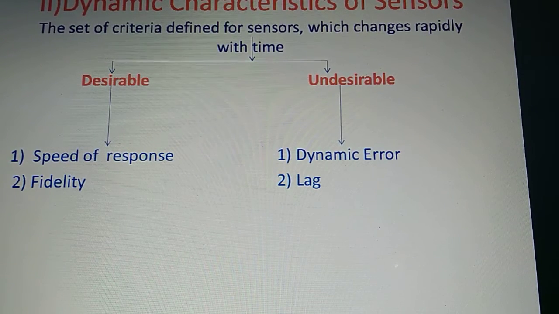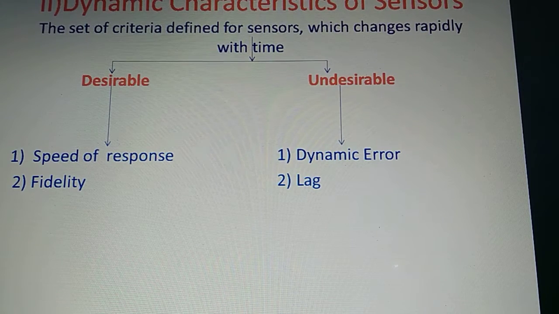The set of criteria defined for sensors which change rapidly with time are of two types: desirable and undesirable. The desirable criteria which change rapidly with time are again of two types.